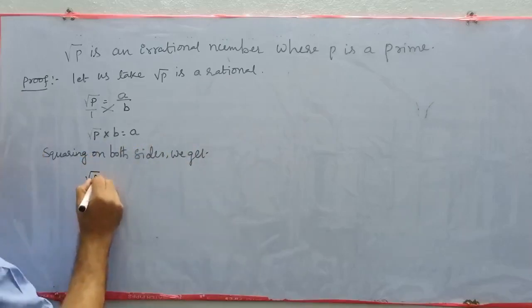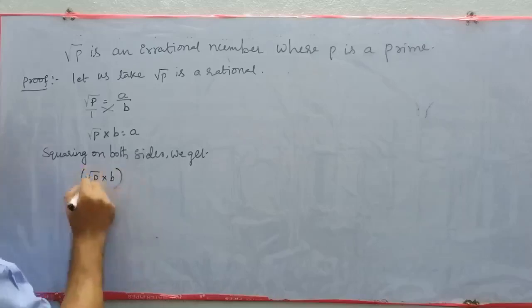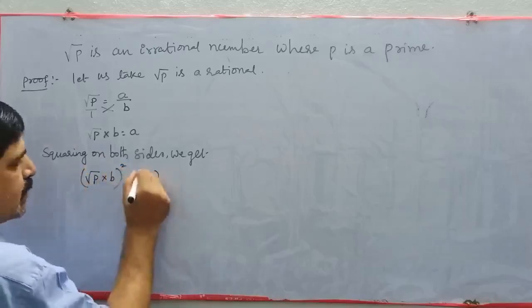Root P into B whole square is equal to A whole square.